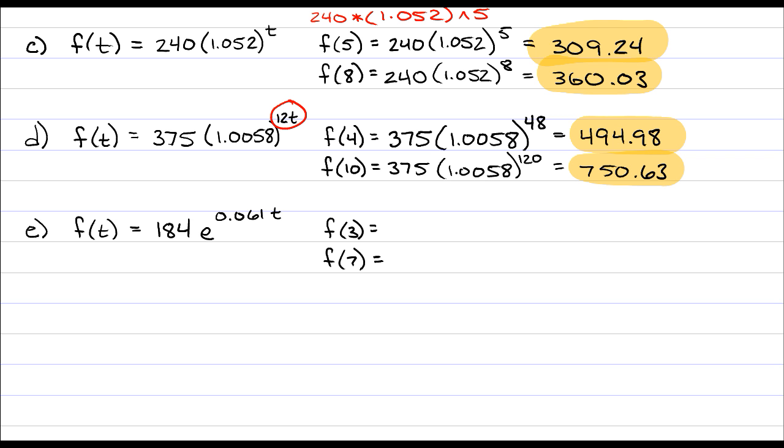Okay, so this next example might look a little strange. It has this e in here for our base. The notes explain that e is a constant, kind of like pi, and that it goes on forever without repeating, but it's approximately 2.718. But if I want to do calculations involving e, then your calculator happens to have an e to the x button.